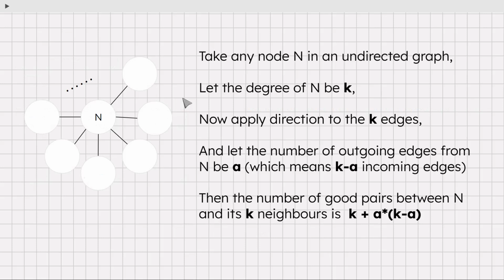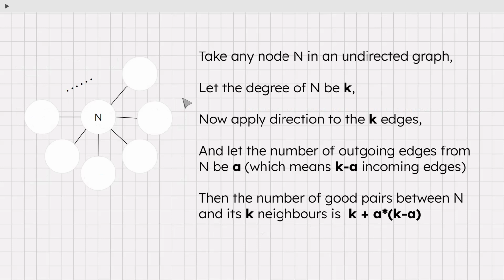Any one of which from these two sets can form a three-node line in which we have one extra pair of good nodes, which means altogether, if the number of outgoing edges from n is a, then the number of good pairs between n and its k neighbors is k, because we have k pairs of directly connected vertices, and any pair of directly connected vertices will result in a good pair. So we have k as the basic, plus we have a times k minus a, which is the n as a middle node scenario covered in the previous slide.